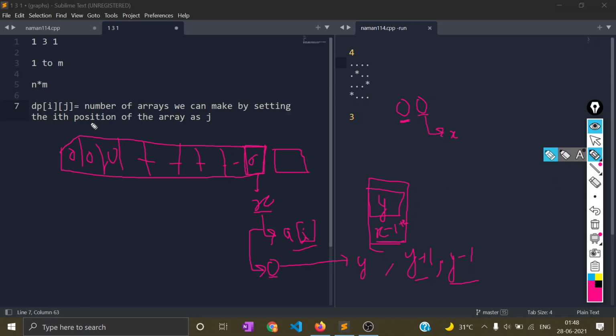And what would dp[i][j] be showing? dp[i][j] would be showing the number of arrays we can make by setting the ith position of the array.